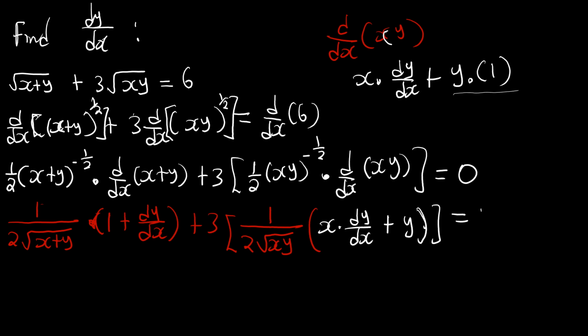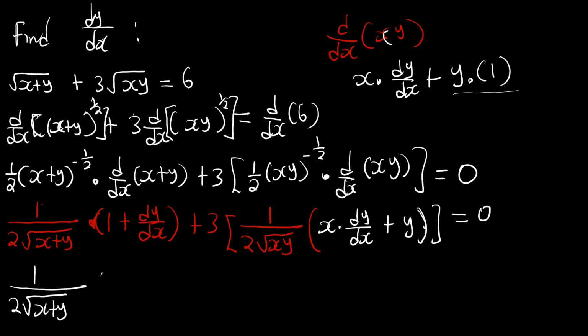is equal to 0. At the end, we must make sure that we are left with dy over dx only. That's what we need to find. So let's simplify. Here 1 over 2 root of (x + y) multiplies 1, and if it multiplies 1, it remains the way it is: 1 over 2 root of (x + y).